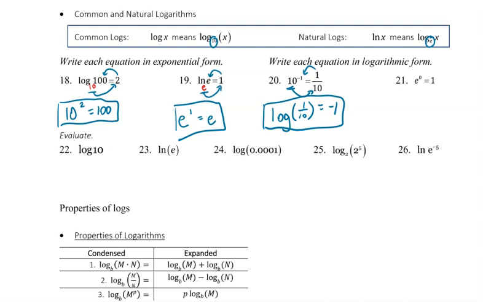For e, same idea, just write as ln. So log base e, that's ln of 1 equals 0.